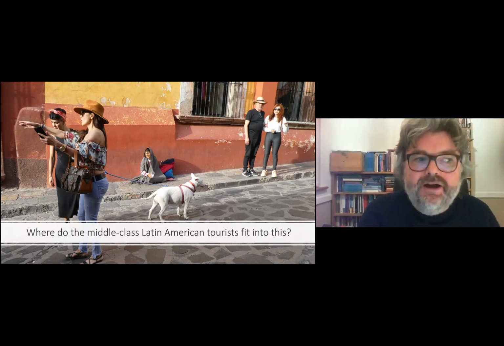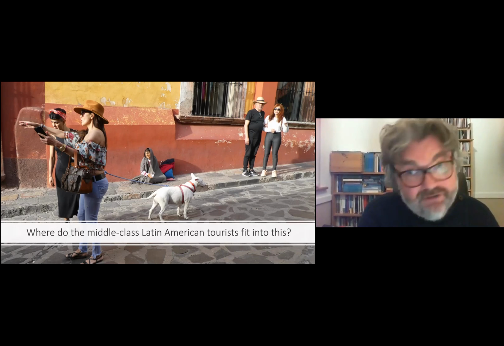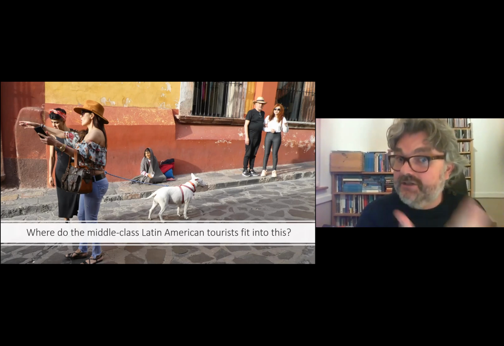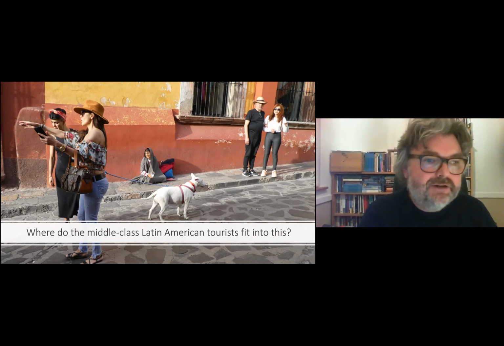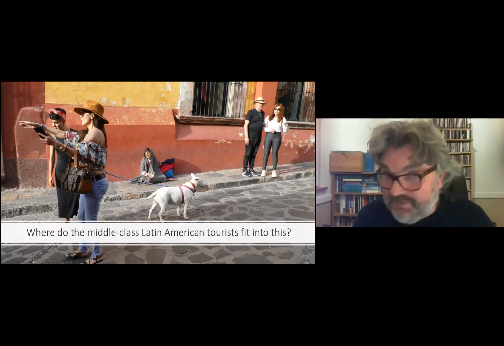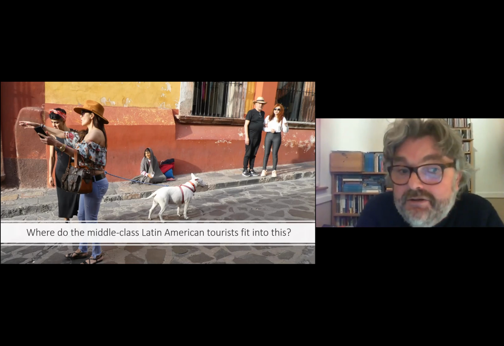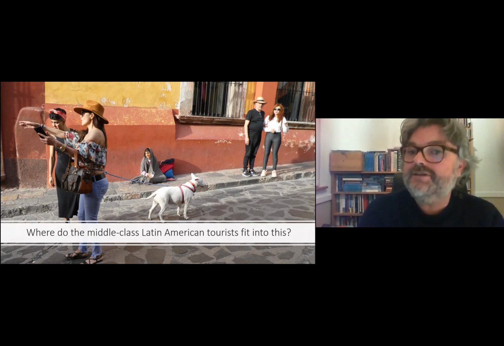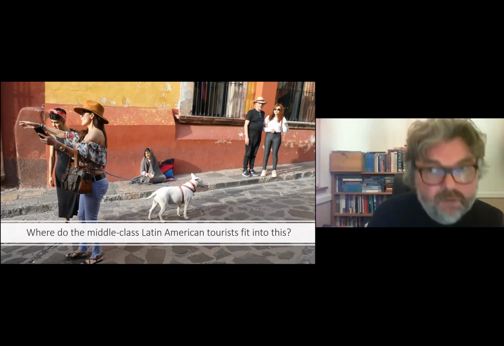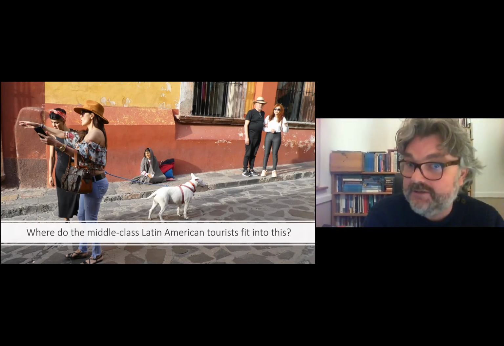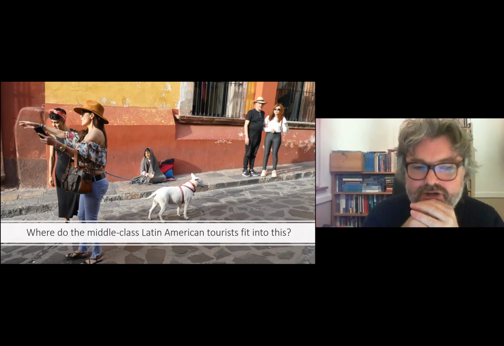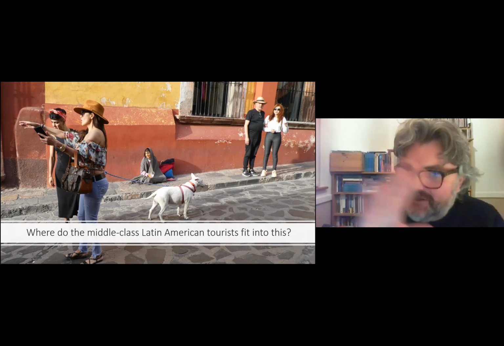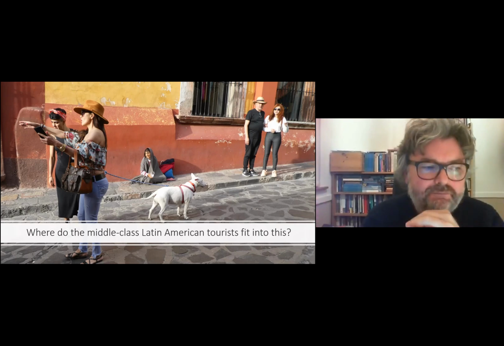And we are absolutely certain the two women on the left are from Mexico City or from a richer middle class. On the right, there happen to be two Americans. And in the center, you have a beggar. Now, what's very interesting is that compared to Guanajuato, there are a lot more beggars that come into the city. It's a strange dynamic. So you have this strange mixture of people.